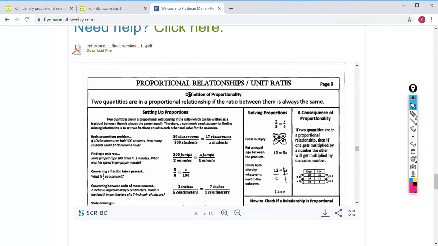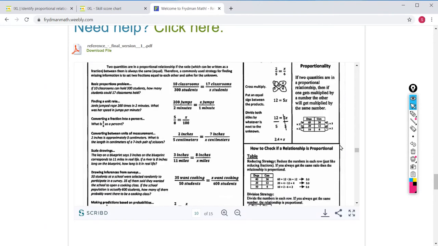And the first thing that I want to read is just the definition of proportionality. So we say that two quantities are in a proportional relationship if the ratio between them is always the same. And I'm going to talk a little bit more about that in a couple minutes.